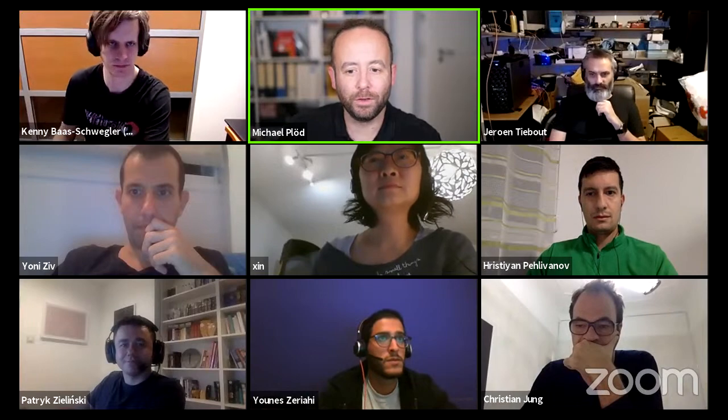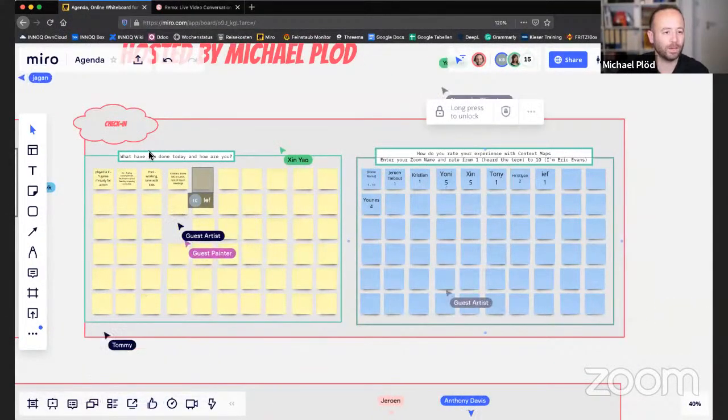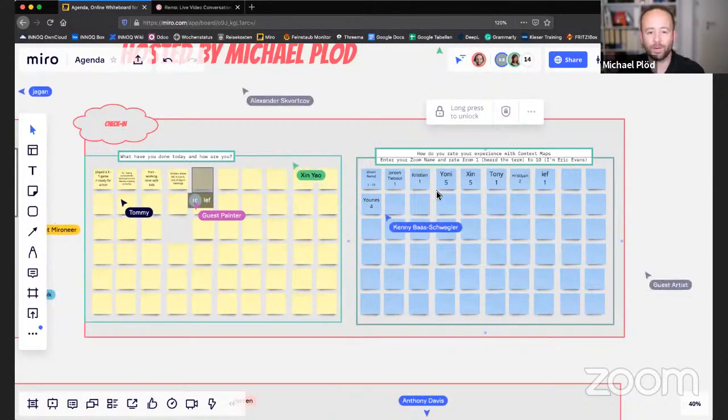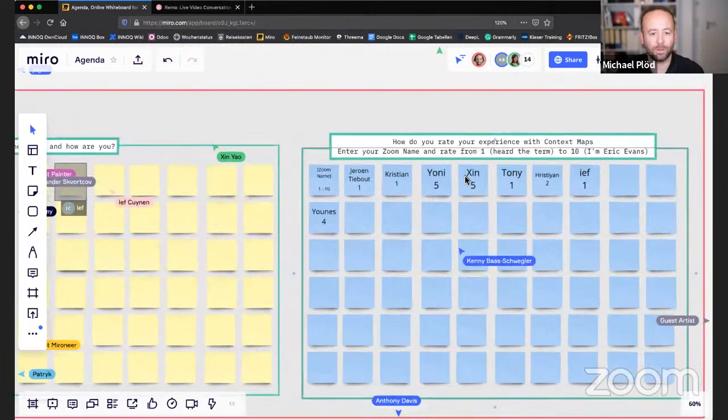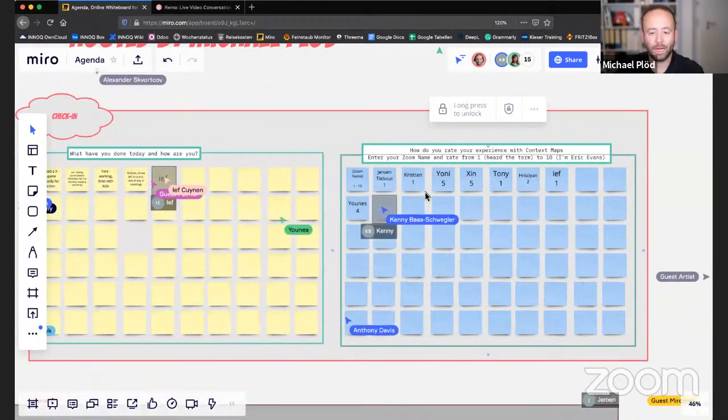How are you today? What have you done? How would you rate your experience with context maps? Please enter in this section your Zoom name and your experience.